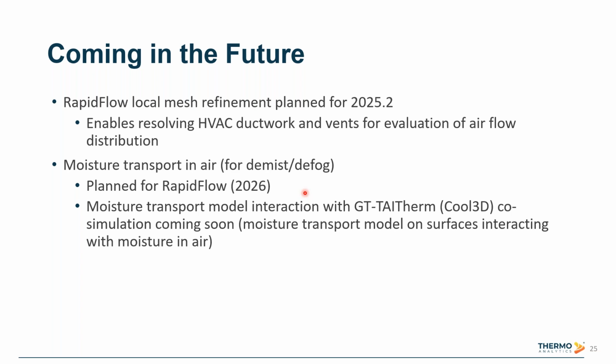So this local mesh refinement really will enable those types of things. Local refinement where needed, like on the windshield, and then actually capturing the airflow distribution through the ductwork and into the cabin, which I know is so important for many of our customers. So yeah, definitely looking forward to that.